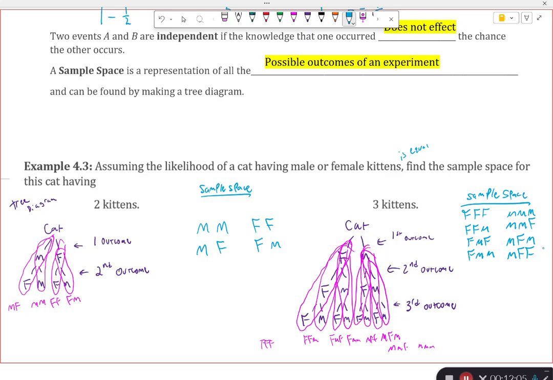You'll notice that there are 1, 2, 3, 4, 5, 6, 7, 8 possible outcomes, or 8 possible pathways through this tree, and there are a total of 8 possible outcomes for 3 kittens. That'll come back into play in the second video.